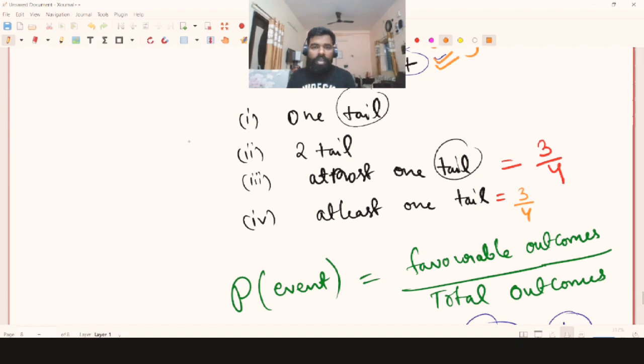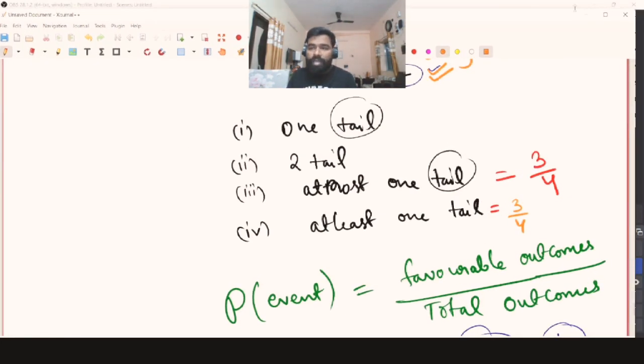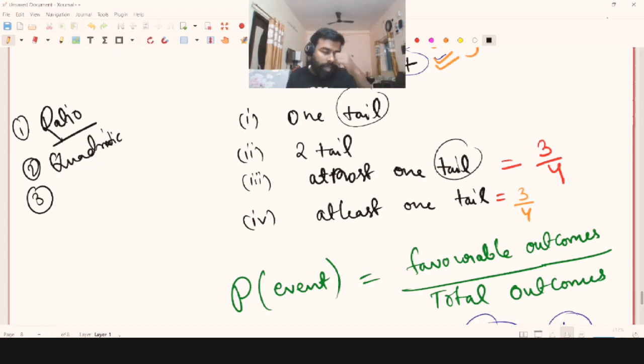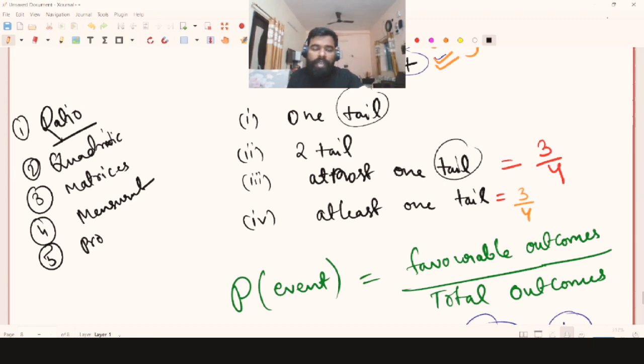So till here we have covered some chapters. The first one which I have taken is ratio proportion. Then I took quadratic, then matrices, then mensuration, then probability.